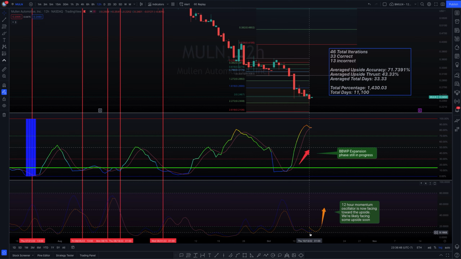Now we're starting to see the momentum oscillator pitching to the upside here, and the BBWP volatility starting to retrace. So the likelihood of us seeing an upside movement from these critical highs of volatility is imminent. The results you see here are based off of a fully contracted level.